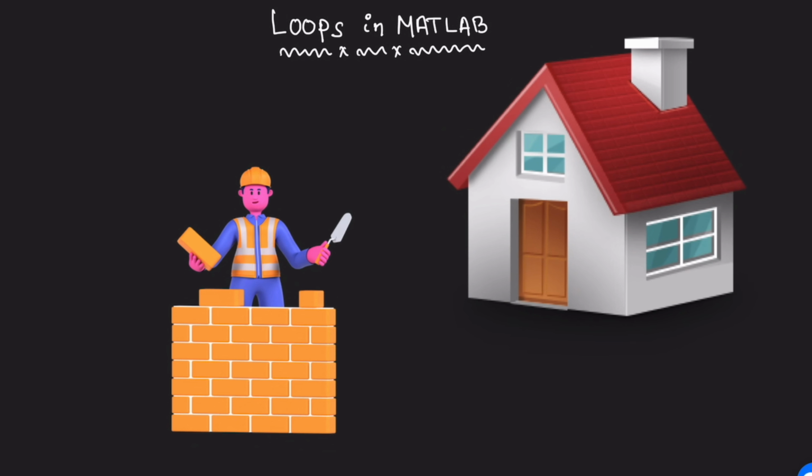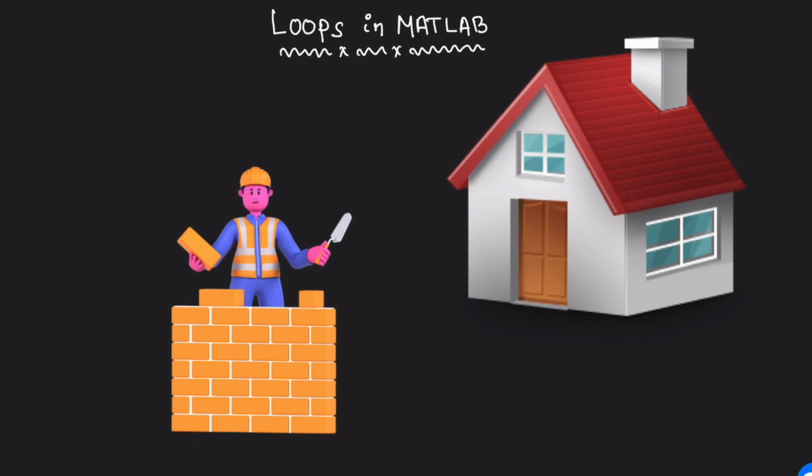So before we jump directly into the program part, we need to know what is the use of loops, right? To understand the same, we can take a realistic example, something which we all are aware of.